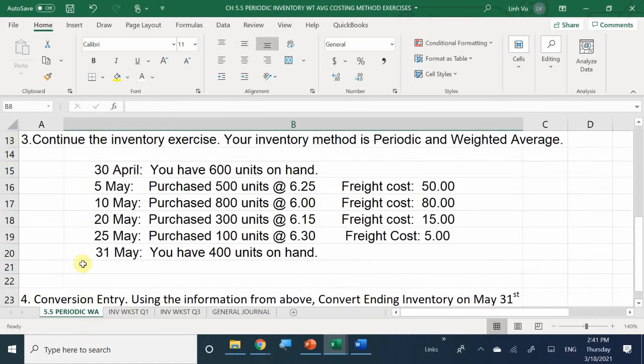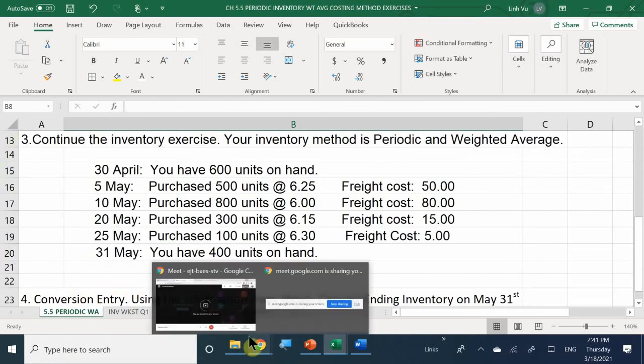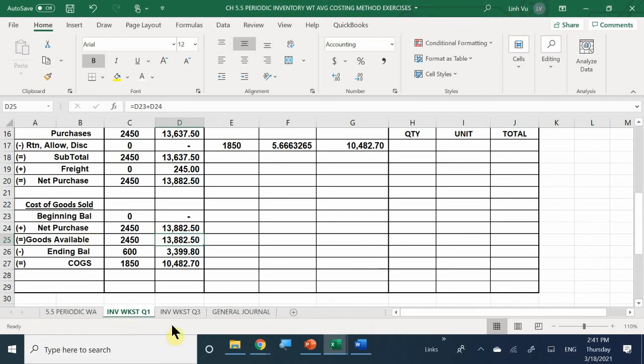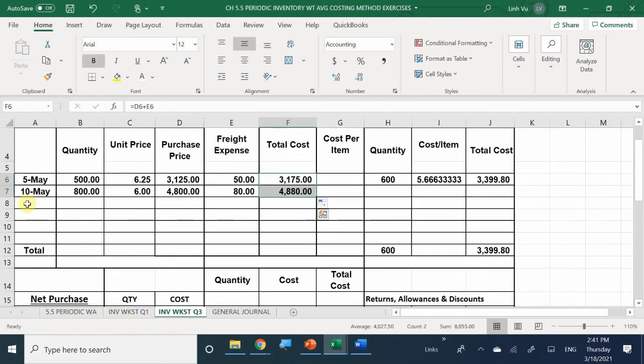Next here is that on May 20th, we purchased another 300 units at $6.15 with a freight of $15. So we purchased on May 20th 300 items at $6.15 with a freight of $15.